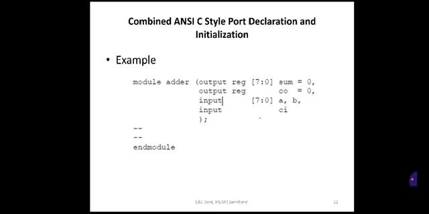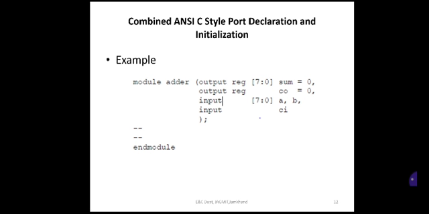There is one more method, that is ANSI C style port declaration and initialization. If you take the previous example itself, during the declaration itself, the initial value is going to be set. This style of initializing is called ANSI C style. This type of initialization we have discussed previously in module number 1 or 2.